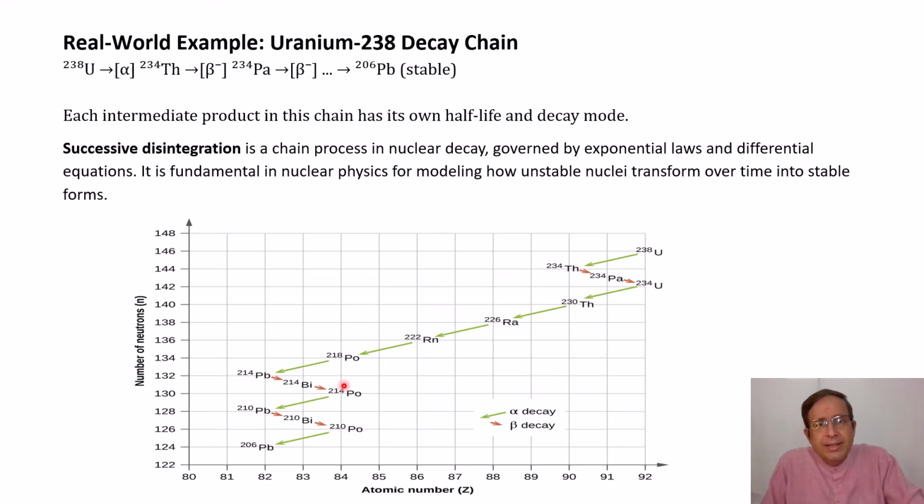You can see in this graph, where we plot atomic number versus number of neutrons, that each particular nucleus has an atomic number as well as a specific neutron number. So for each nucleus, you have the neutron number on the y-axis and the atomic number on the x-axis. You start with uranium-238.